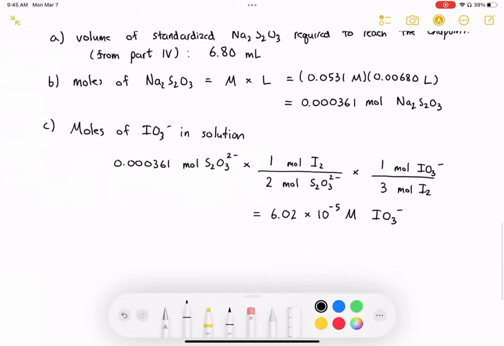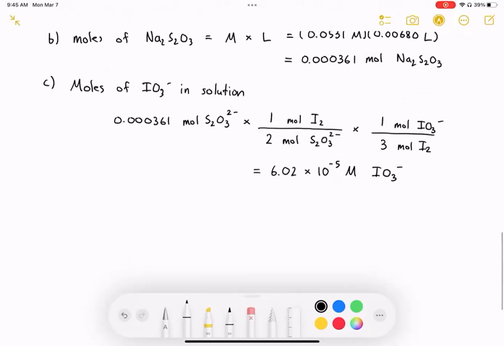So in part 4, I believe we used 5 mL of the concentrated calcium iodate solution. Okay. So for part D, we're going to calculate the molarity of IO3 minus.